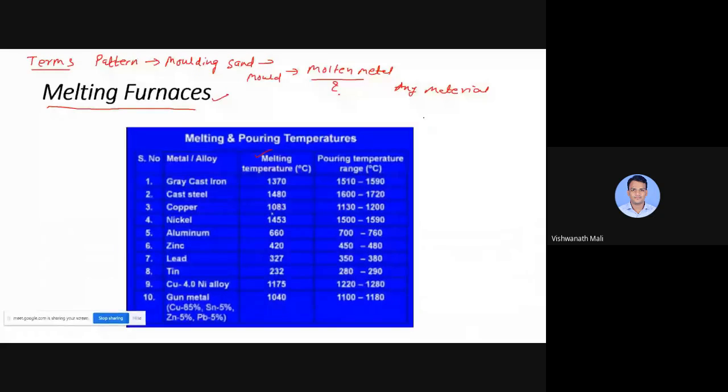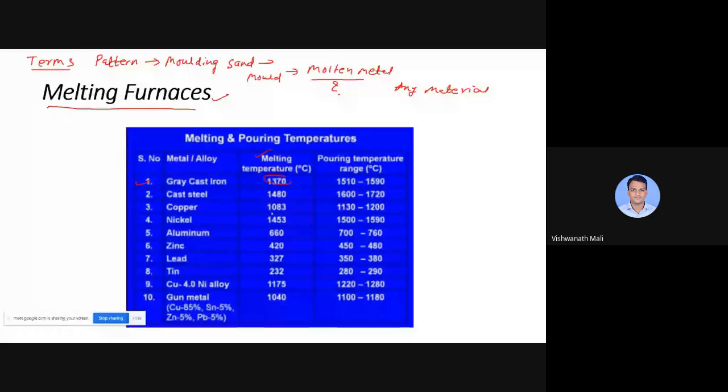Take the example of gray cast iron. Its melting temperature is 1370 degrees Celsius. But heating it only up to 1370 degrees Celsius is not sufficient. Why?